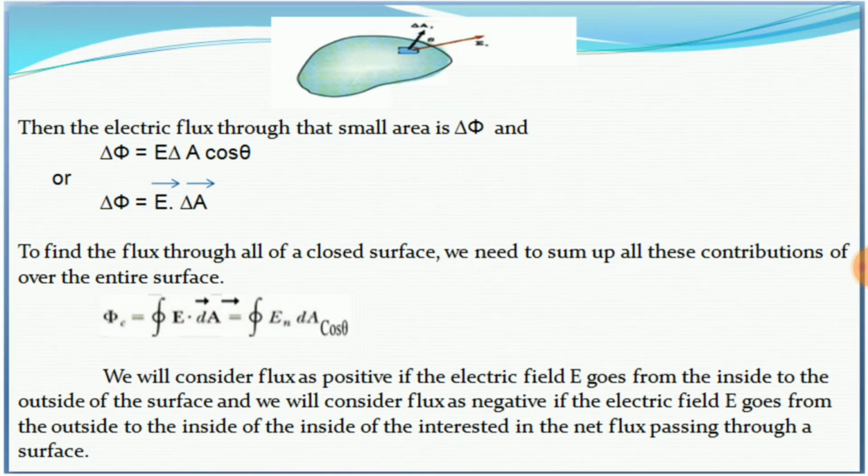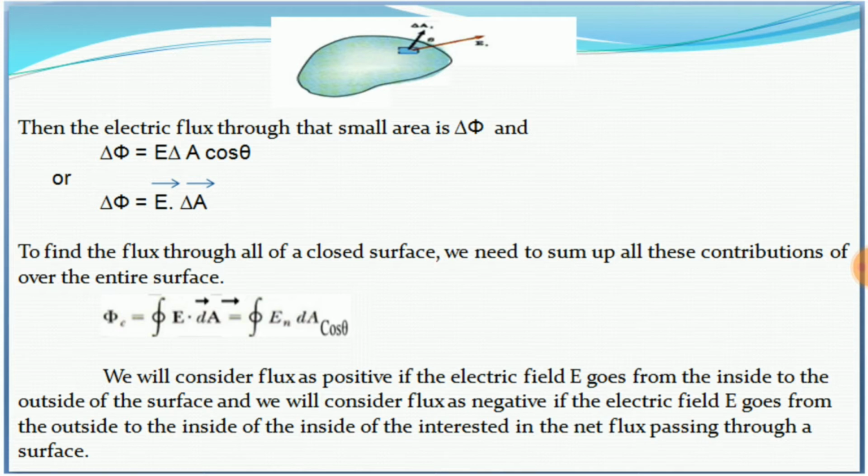Then the electric flux through the small area is del phi, and del phi is equals to E del A cos theta, or del phi is equals to vector E dot del vector A. To find the flux through all of a closed surface, we need to sum up all these contributions over the entire surface: phi is equals to closed integral vector E dot dA vector, or closed integral E n dA cos theta.